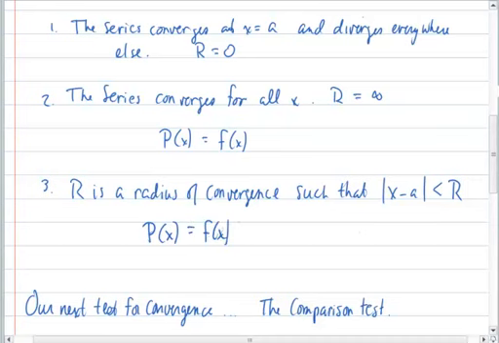If we center our polynomial at the value x equals a, the way this is written is that we have a radius to the left and to the right for which the function will converge. At this point here we'd be at x equals a plus the radius, and over here at x equals a minus the radius.